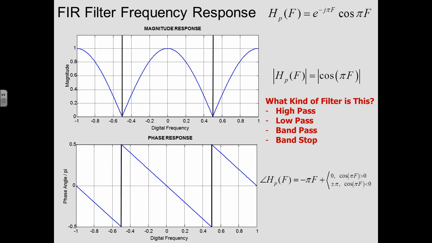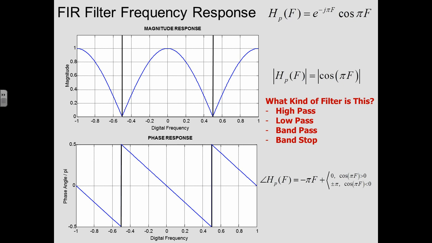Looking at it, you might be tempted to say, well, it looks kind of like a band stop or a notch filter, where you have these periodic places where the function goes to 0, where we would be eliminating those frequencies, and other places where we have peaks at a magnitude of 1, which means we're not going to attenuate those frequencies. However, even though that's what our eyes tell us, in reality, this would be considered a low-pass filter.